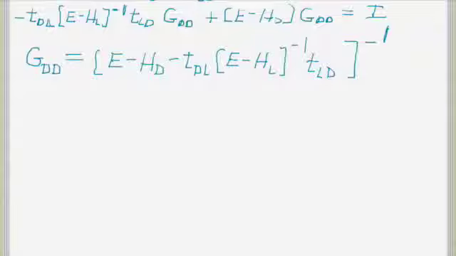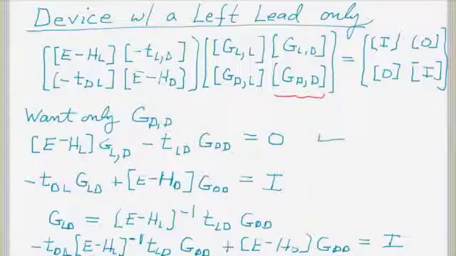If you ignore the fact that this is actually an infinite matrix, let's assume, just for the sake of argument, that this block were finite size. But nevertheless, the only thing I really want to solve for is this block over here, GDD. And in general, matrix inversion is what they call an n-cubed process.